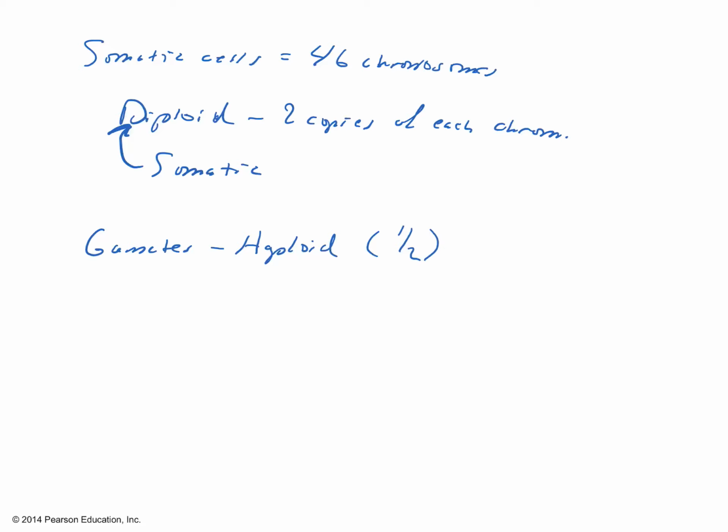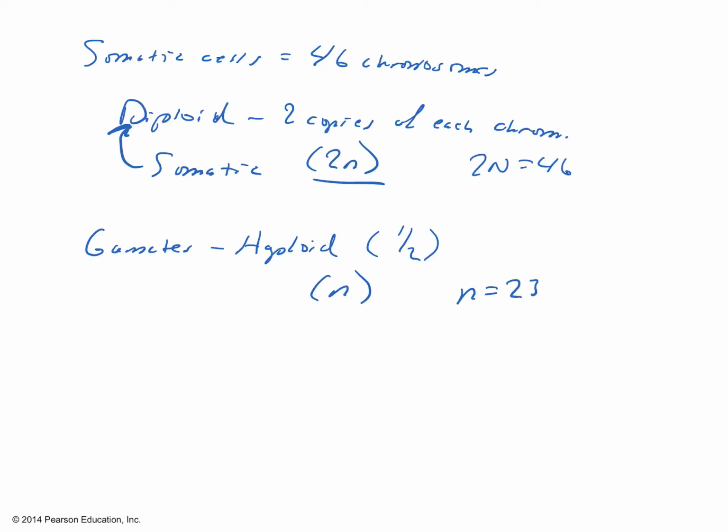So a sperm in humans would be 23 chromosomes, an egg 23, a skin cell 46. Diploid we refer to as 2n, haploid is simply n. So the diploid number in humans, 2n equals 46, and the haploid number, n equals 23.